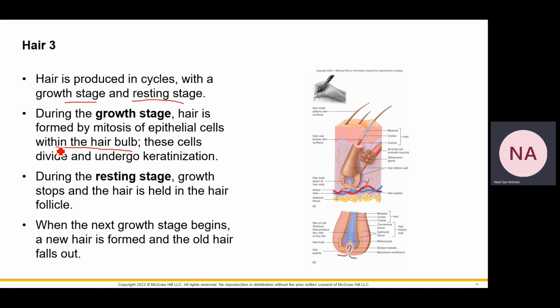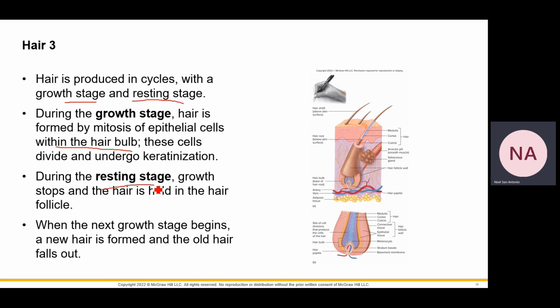Pero hindi tuloy-tuloy yan, yung paghaba, because there is what we call the resting stage. But you have to remember also that not all of the hairs in the body simultaneously undergo the same stage. For example, hindi yung pag nasa growth stage, growth stage na lahat, or pag nasa resting stage, resting stage na lahat.